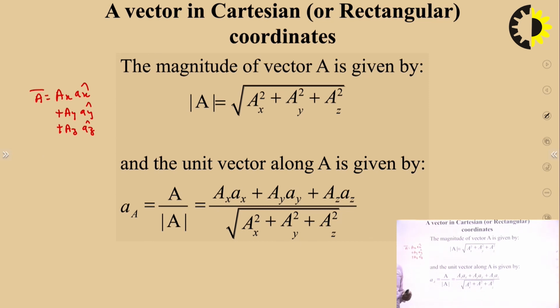So the magnitude of A is the square root of Ax squared plus Ay squared plus Az squared. The unit vector in the direction of A is defined as vector A upon the magnitude of vector A. So vector A is Ax ax plus Ay ay plus Az az, and the magnitude of A is given by the formula square root of Ax squared plus Ay squared plus Az squared. So we can calculate the unit vector aA in the direction of A.